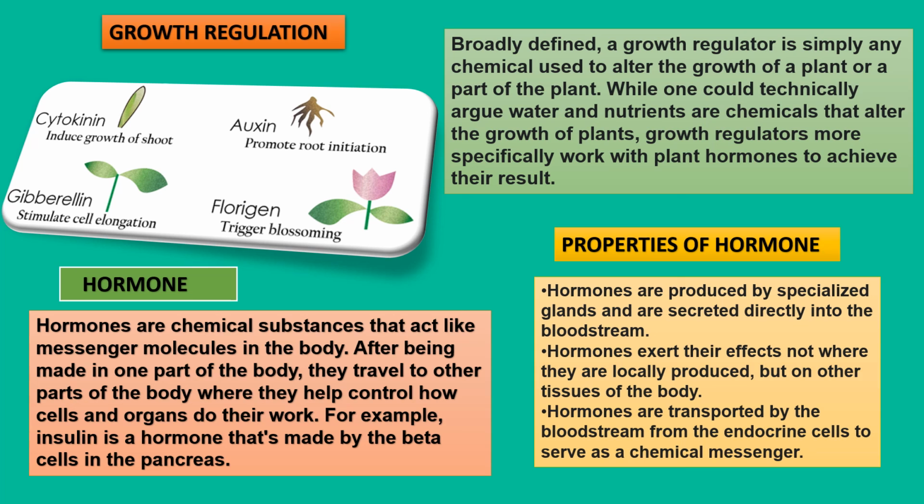Hormones exert their effects not where they are locally produced, but on other tissues of the body. And the last one is hormones are transported by the bloodstream from the endocrine cells to serve as a chemical messenger. Now, question is this: in case of plant, blood is not there, so obviously through xylem actually hormones are transported.